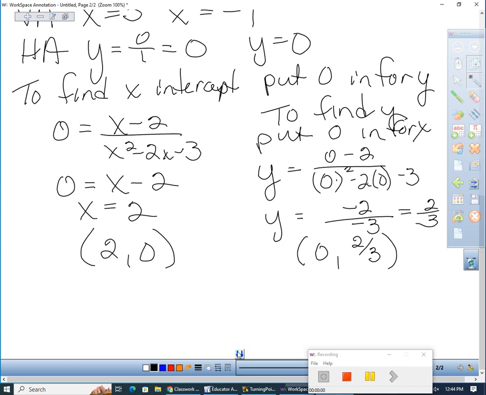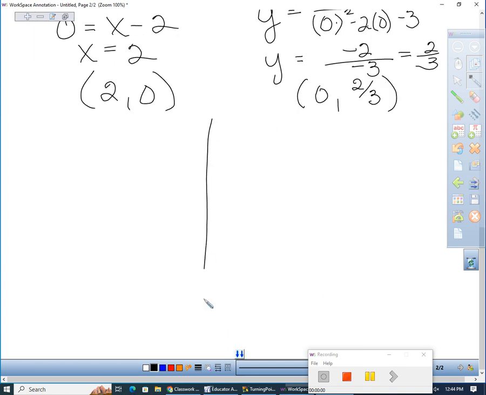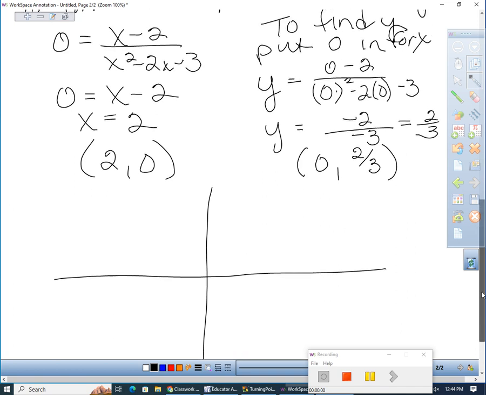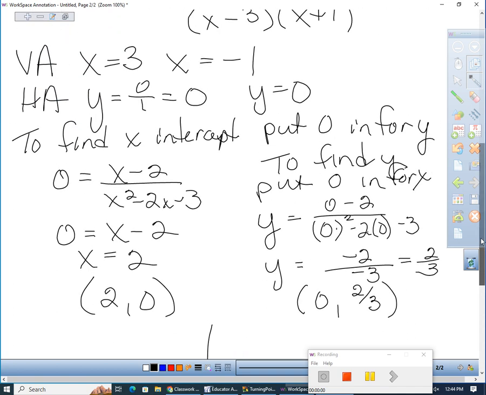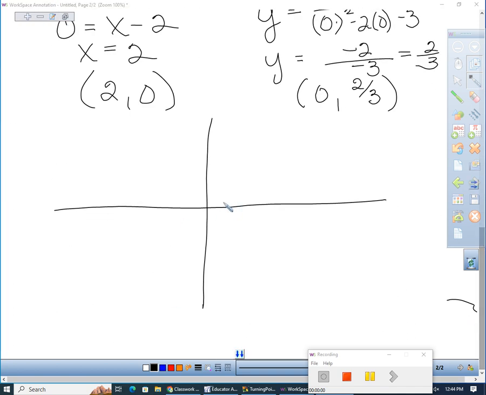All right, so now we're going to sketch the graph. We have a vertical asymptote at 3 and negative 1. So I'm going to go out to 3, put a vertical asymptote. I have a vertical asymptote at negative 1. I'm going to put a vertical asymptote.